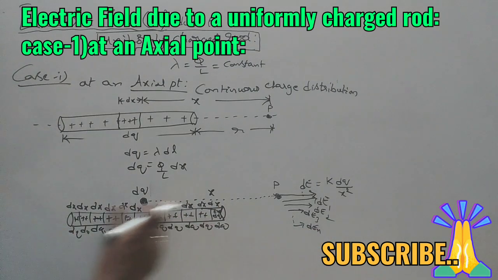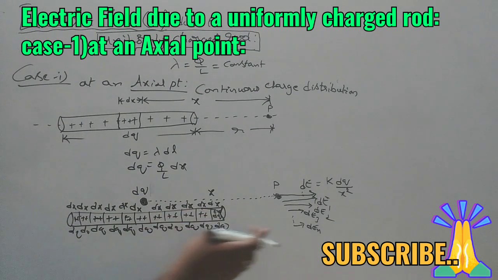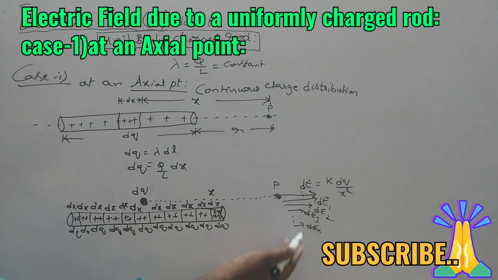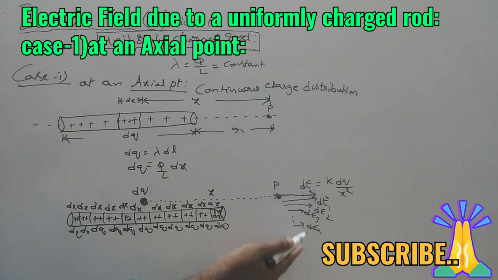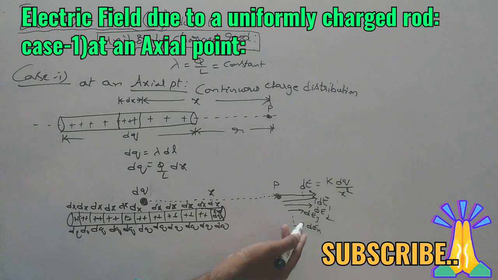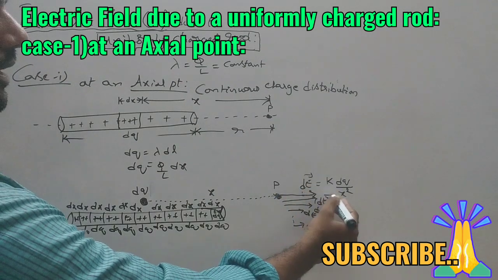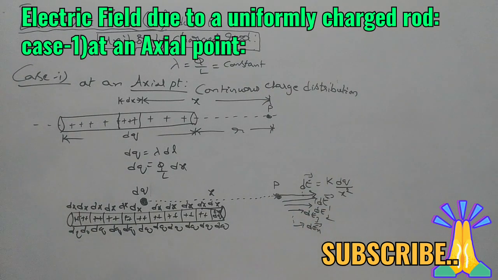If I divide the length of the rod into n equal parts, then all these electric fields, if I add, I will get the total electric field at point P. These electric fields are vectors and they are pointing in the same direction, so I can add them: dE1 bar plus dE2 bar plus dE3 bar and so on up to dEn bar, then I will get the total electric field.